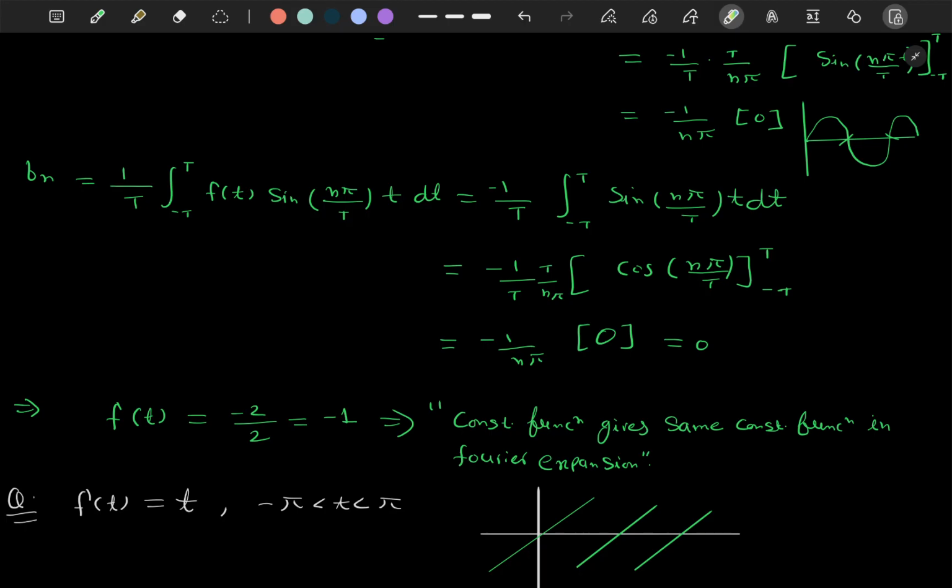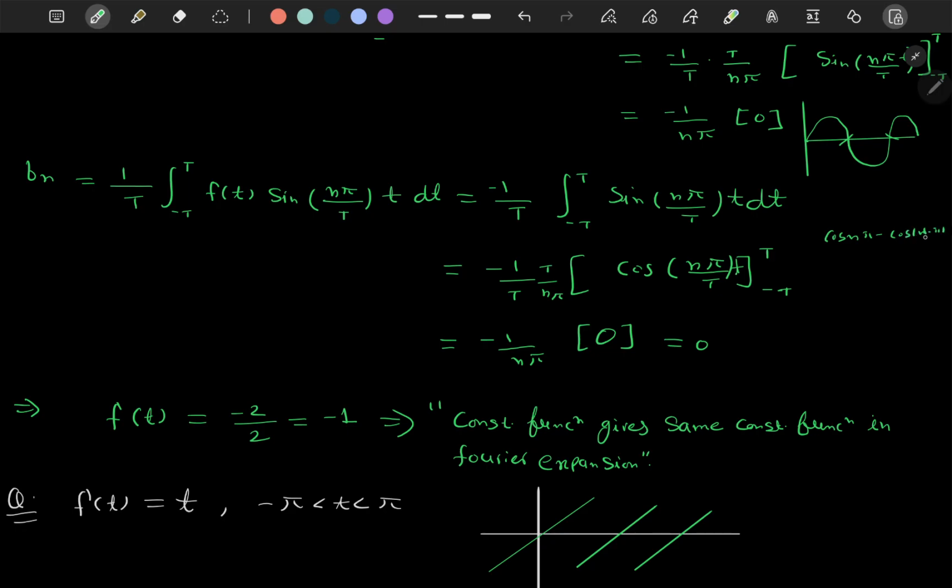if we put the limits instead of t, we are left with cos n pi minus cos n minus pi.